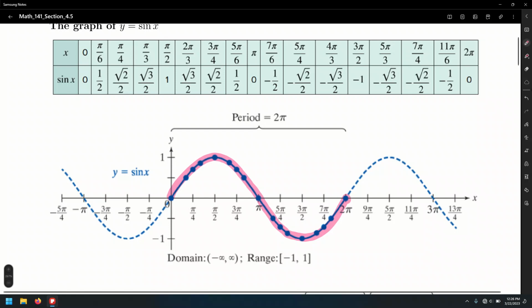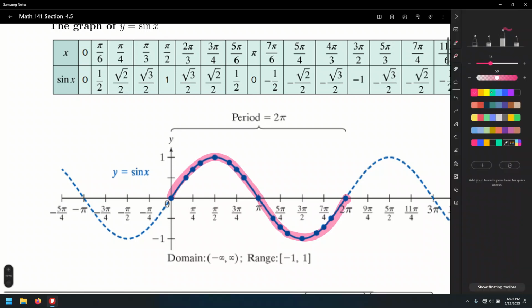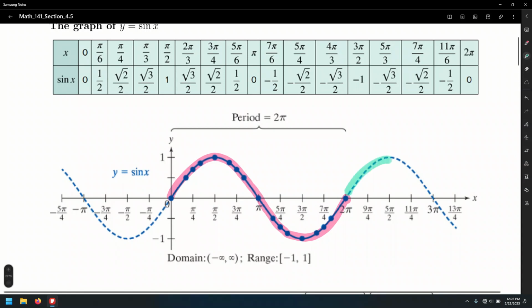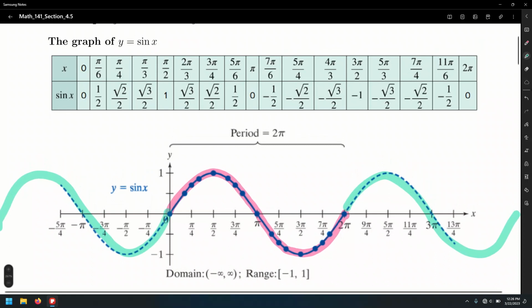So that's what these dashed lines or dashed curves represent. The fact that this goes on forever in the positive direction and in the negative direction, infinitely many times. And well, we have these key points. For the sine function, for the values of x, 0, pi over 6, pi over 4, pi over 3, all of these special angles from 0 to 2 pi, these right here are ordered pairs.